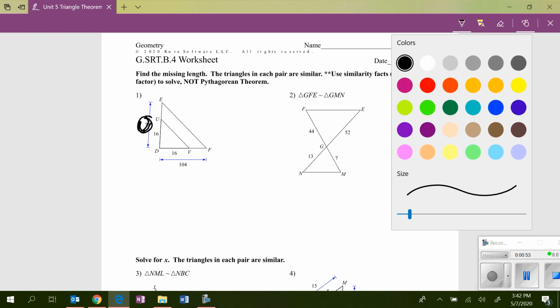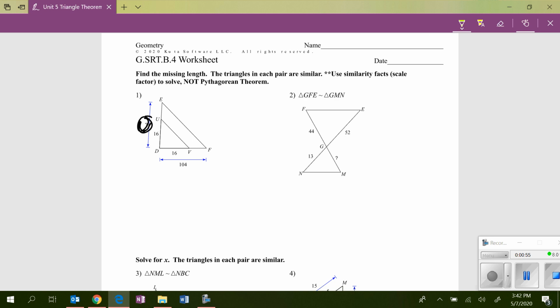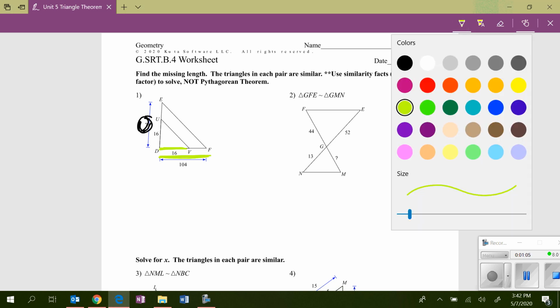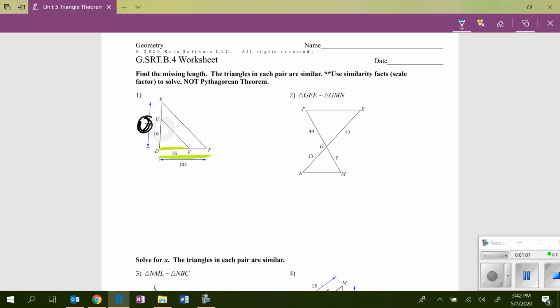Now, they didn't give me a similarity statement, and these triangles are embedded, so we're allowed to assume that DV is going to correspond to DF, and DU is corresponding to DE, okay?